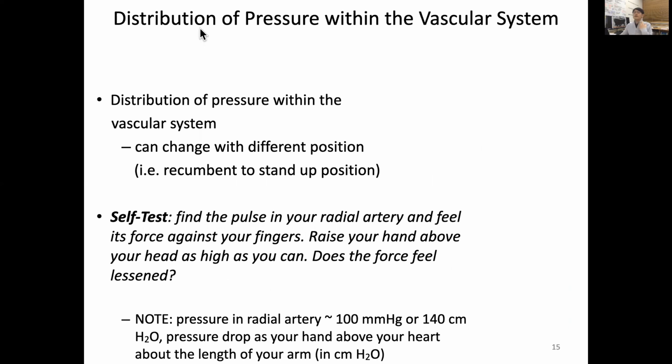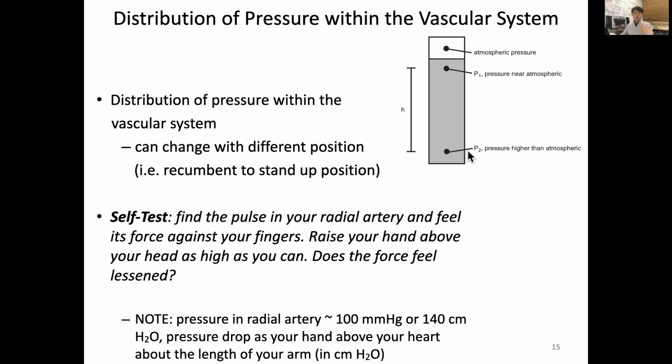So let's consider the distribution of pressure within our vascular system. This distribution, by the way, can change upon physiological need. For example, when you lie down and suddenly stand up, the need for pressure is physically different, but our heart and system will respond to that.